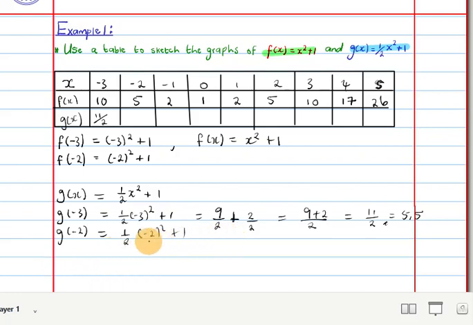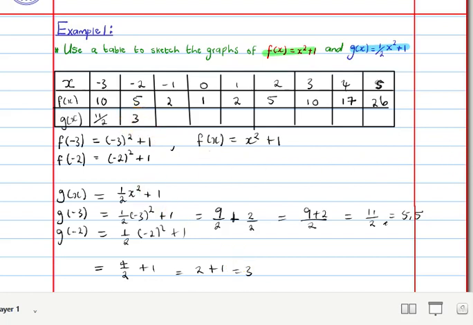So here, when you say 2 squared, it becomes 4. 4 divided by 2 becomes 2. 2 plus 1 becomes 3. Let me show you. So here, this one becomes 4. So it is 4 over 2 plus 1, which is 2 plus 1, which is equal to 3, meaning here you get 3.